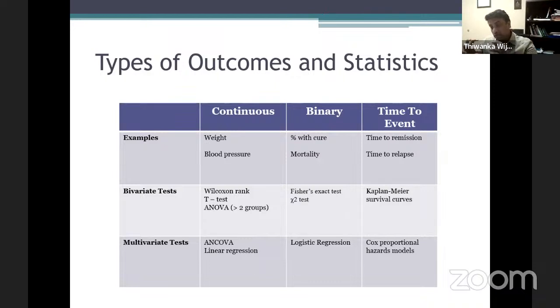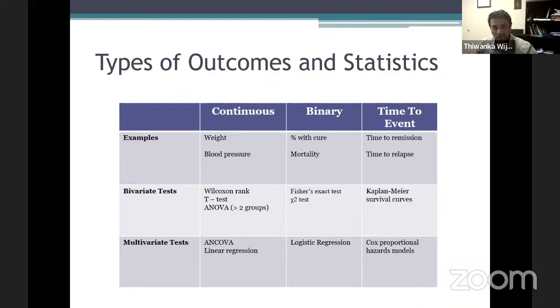You do an analysis controlling for those variables, and that's how you come up with a multivariate test. These are the types of tests we use based on whether the outcome is continuous, binary, or time to event.